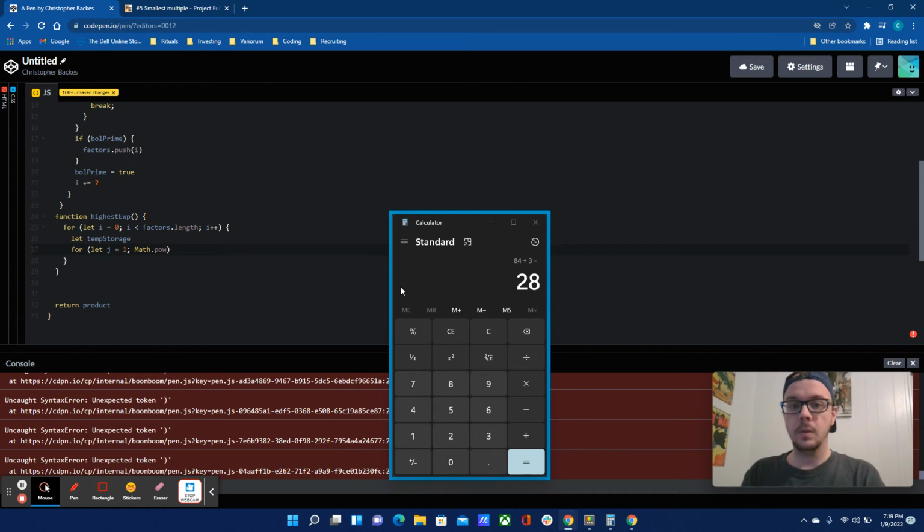This is the power function in JavaScript. So the first number is the number that you're raising, factors[i].